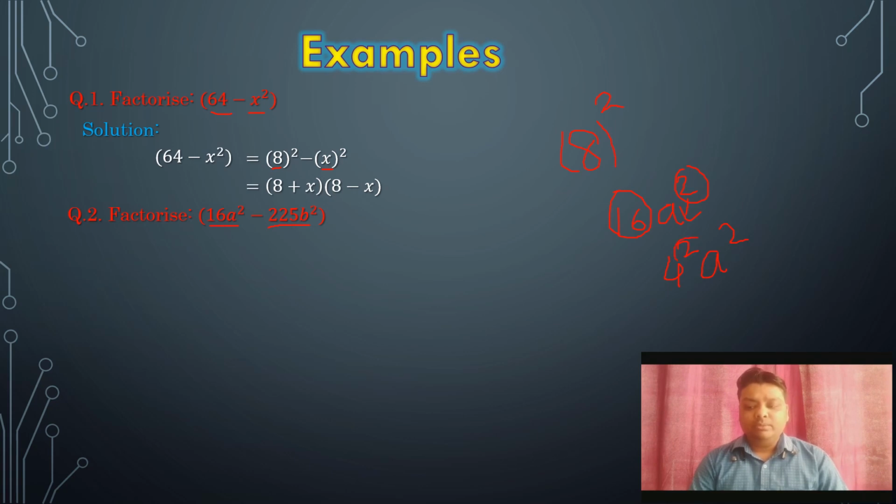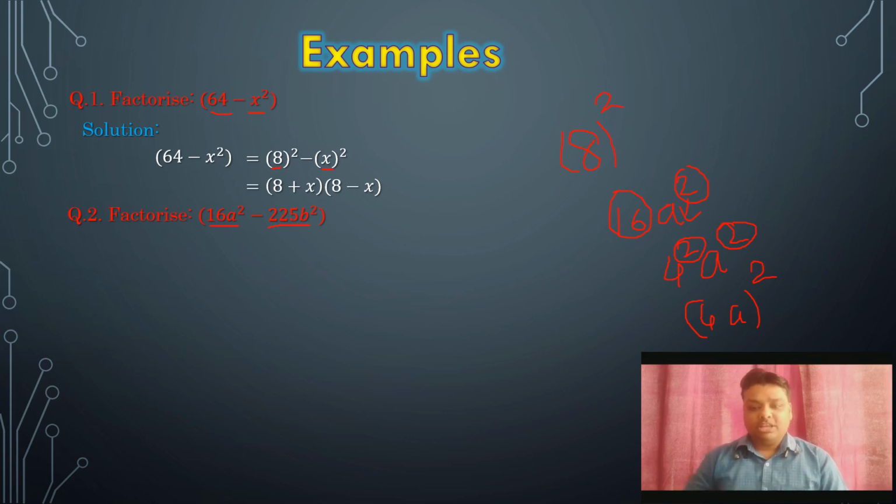And if both exponents are common, then we can take the common exponent. It means we can keep 4a in a bracket and write power 2 over 4a as a whole power.